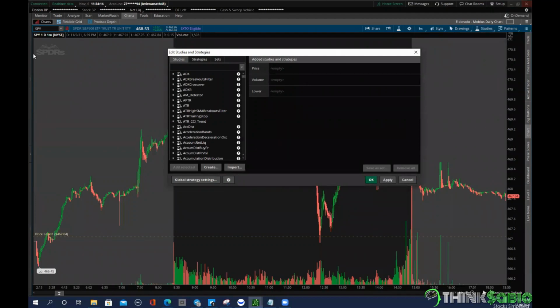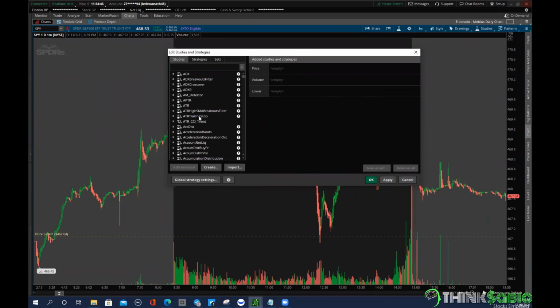I use Webull, but I use Thinkorswim for my charting purposes. You click on studies, and this is where you have all the studies here. Many of them are inbuilt, Thinkorswim provided, and there are many custom studies that we get from outside. I think I have shared the links in the past where you can find the custom studies if you're into it. If not, then I will share it again in this chat session.